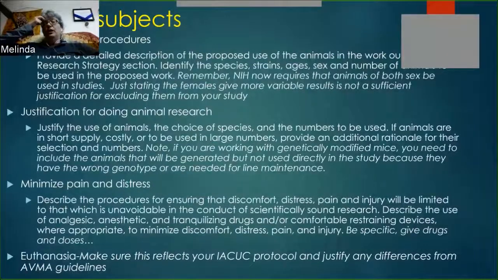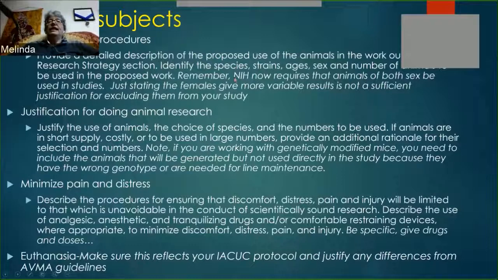Similarly, I'm not going to put a lot of time into animal subjects because I don't think anybody on the call does animal work, but it's the similar type of thing. And one really big new one is that traditionally a lot of animal research was only done with males because males have less variability because they don't undergo a menstrual cycle or an estrous cycle.